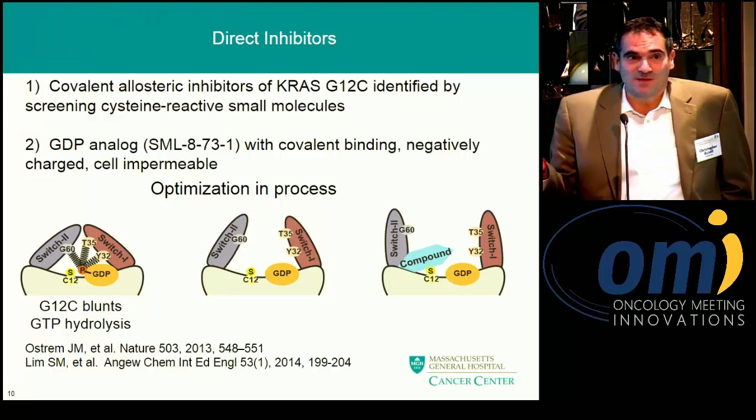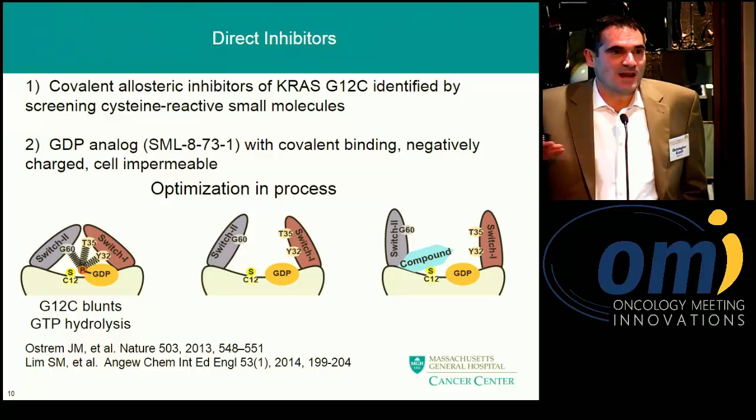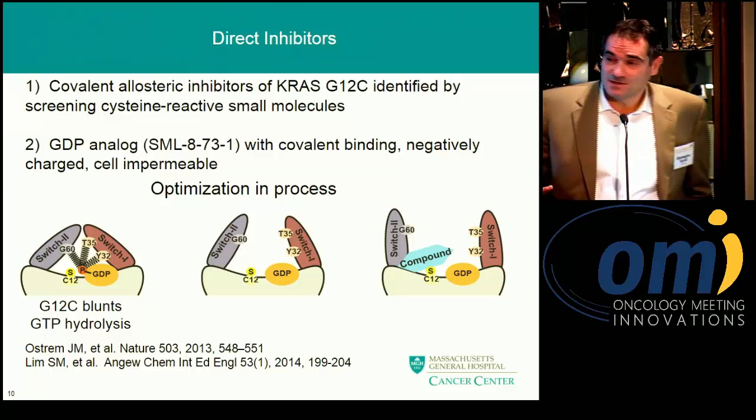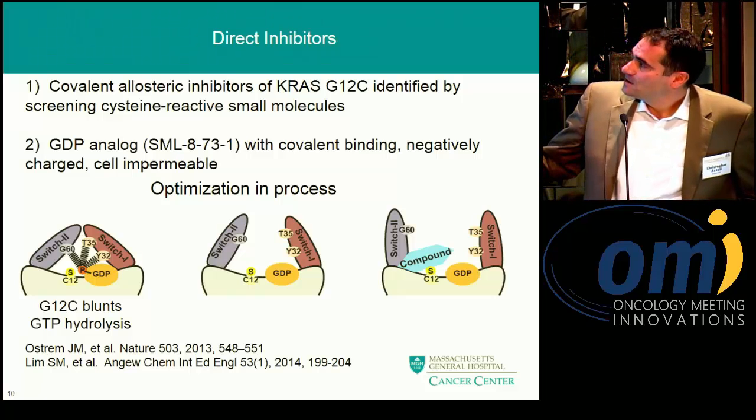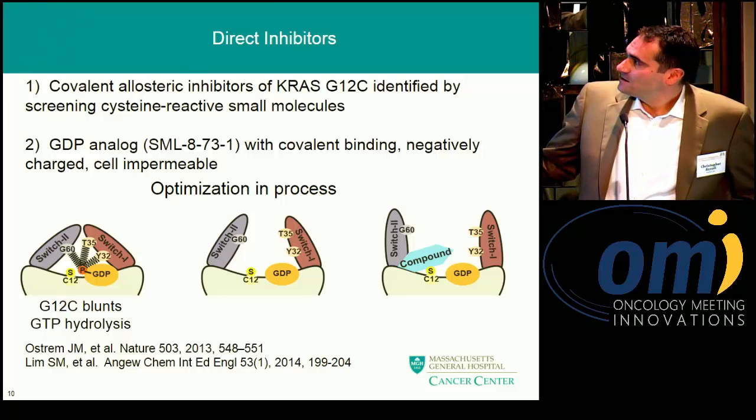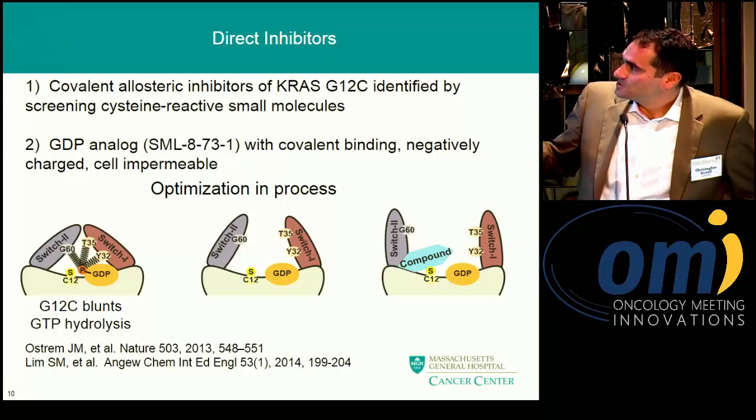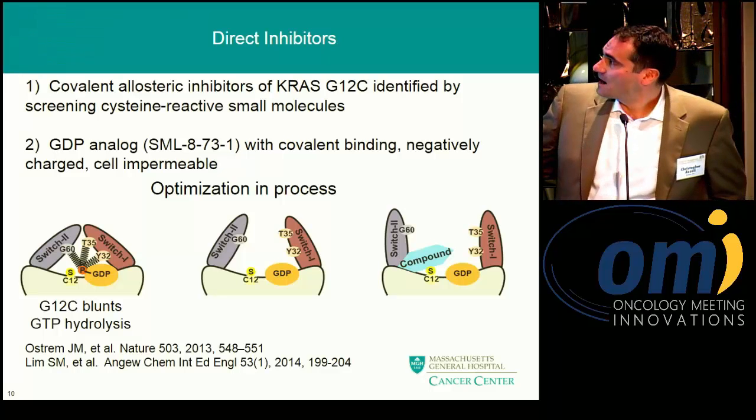So these drugs have been discovered, but they're not optimized for clinical use. Another group used a GDP analog, SML 8731, that also bound covalently in that pocket.